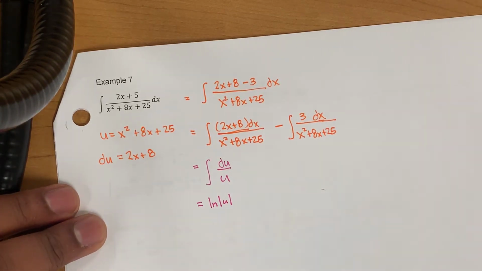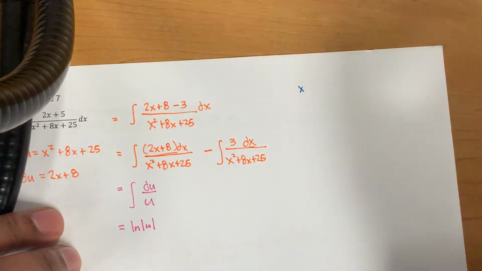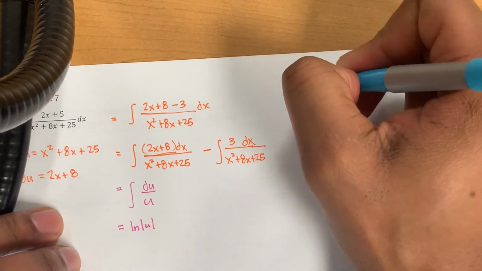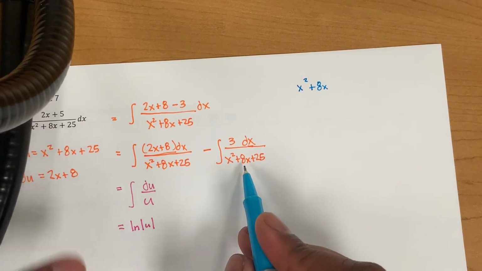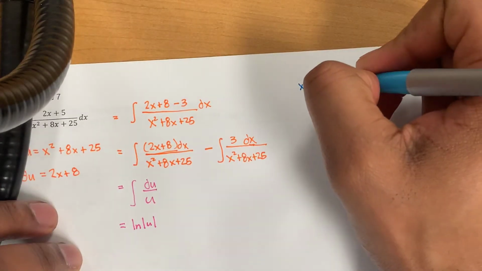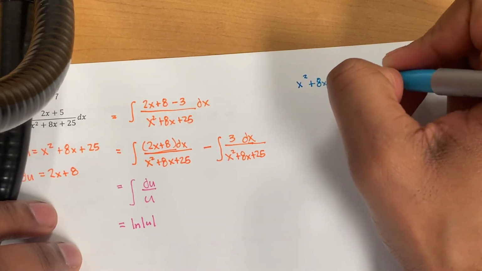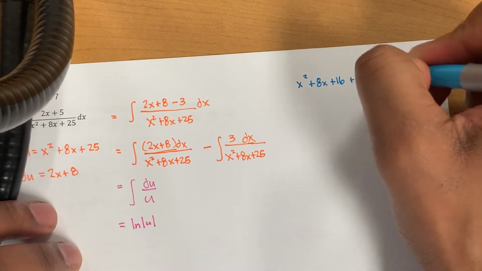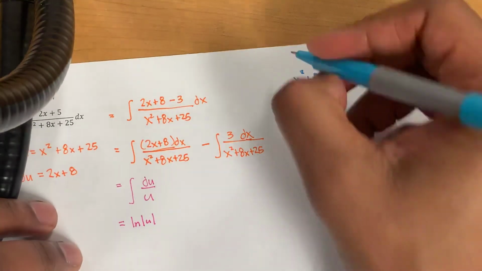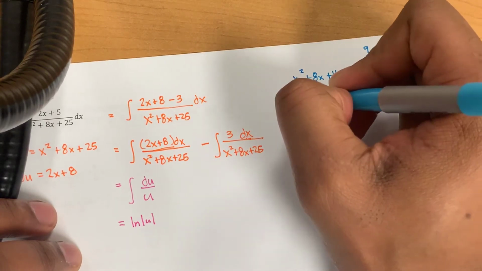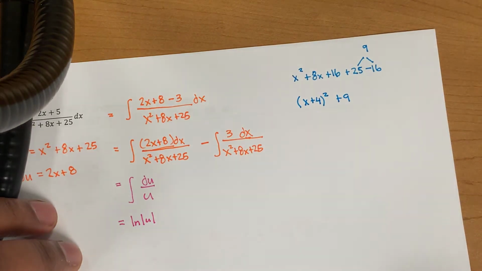Now this other integral here, if we complete the square with x squared plus 8x plus 25, half of 8 is 4, and then 4 squared is 16. So we're going to have plus 16, but then we need to do plus 25 minus 16. This is a net value of 9. So this factors to be x plus 4 squared plus 9.